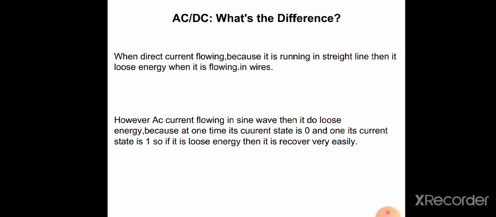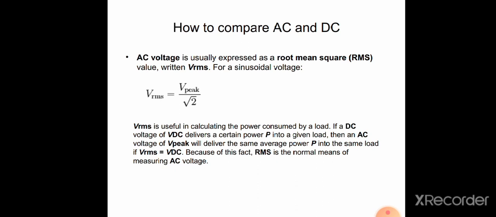AC is an alternating signal, which we use in our day-to-day life. DC signal is a straight line signal. We have to design this DC signal, and as per our application, it is possible to design from lower range to higher range. Then these are some formulas we have seen for how to take VRMS voltage, meaning root mean square voltage, from AC.